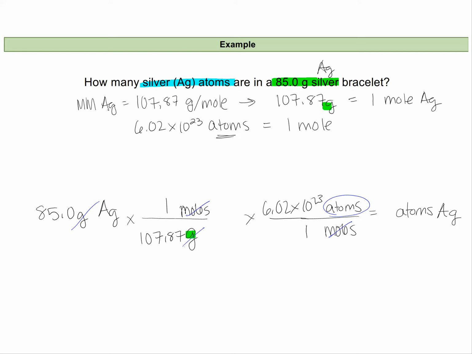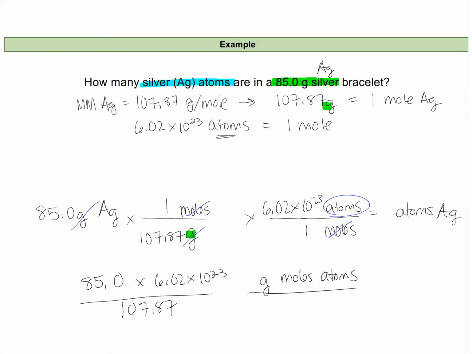Now I can go ahead and actually plug this into my calculator, which will look like, if I'm just plugging in 85.0 times 6.02 times 10 to the 23rd divided by 107.87. And I could write out my units as grams times moles times atoms divided by grams times moles.